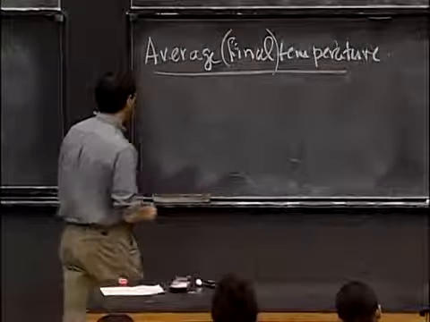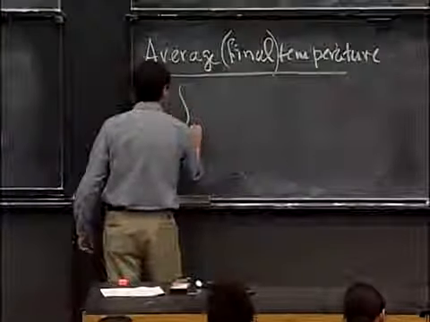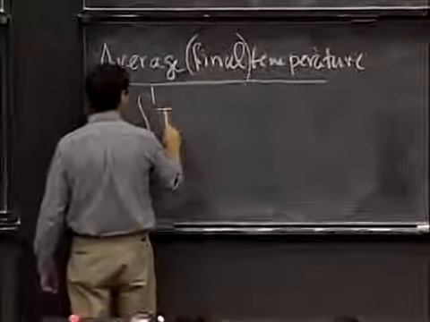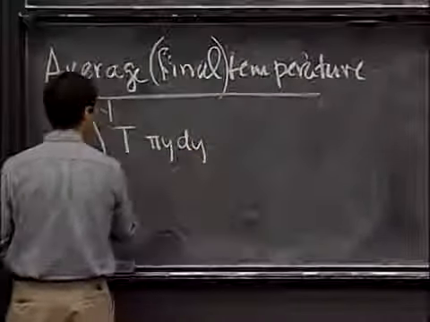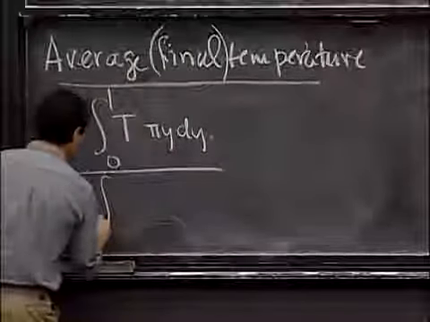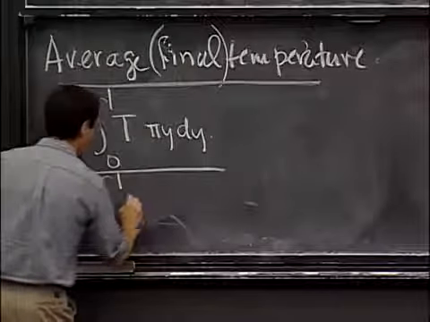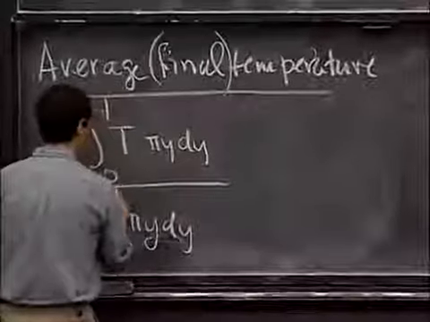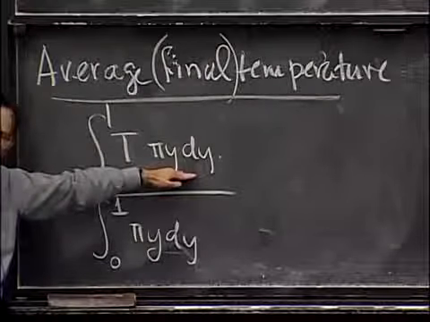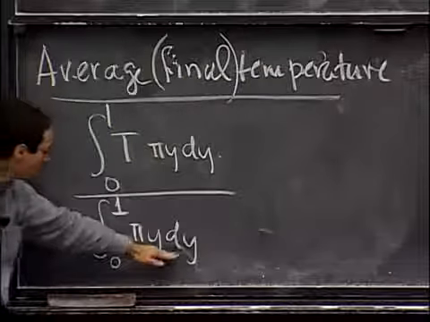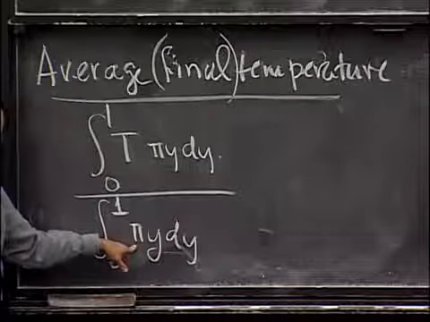The average final temperature is, individually the temperatures are different. And the answer here is the integral from 0 to 1 of t times pi y dy divided by the integral from 0 to 1 of pi y dy. So this is the total temperature weighted appropriately to the volume of water that's involved at that temperature, divided by the total volume of water.